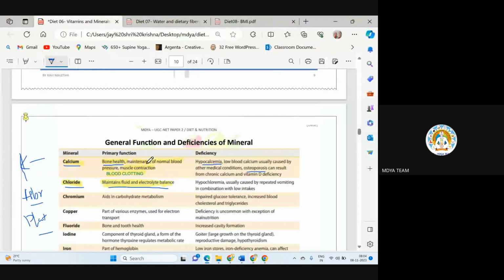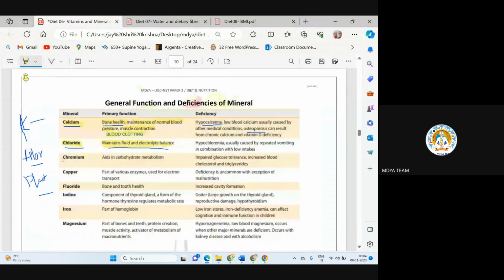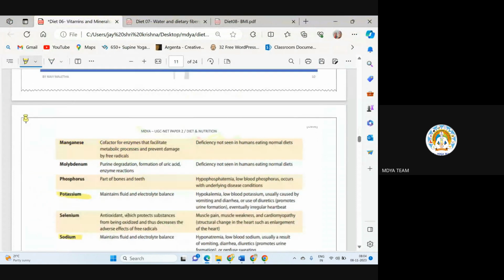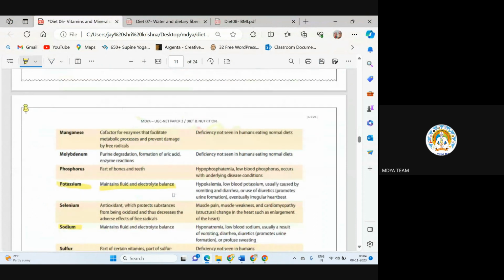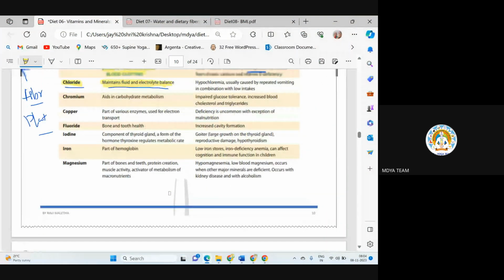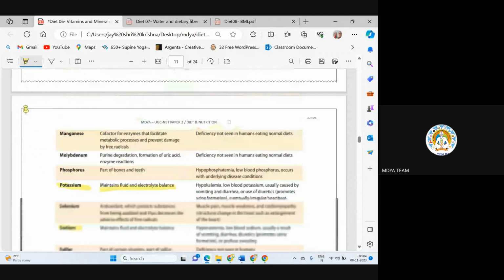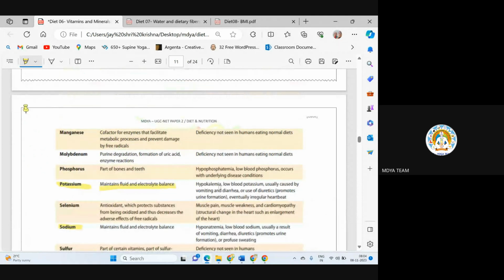Now let's come to this slide again. Calcium, chloride and potassium all maintain fluid and electrolyte balance. So when there is deficiency of sodium, potassium and chloride, there will be repeated vomiting, or you can say repeated vomiting or diarrhea.